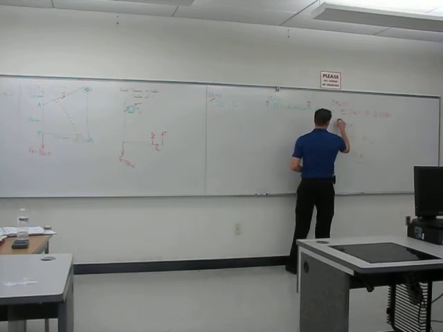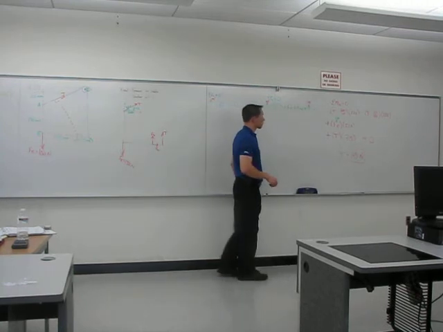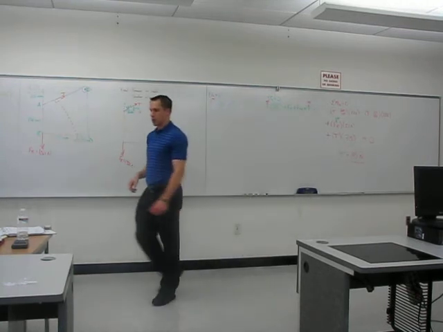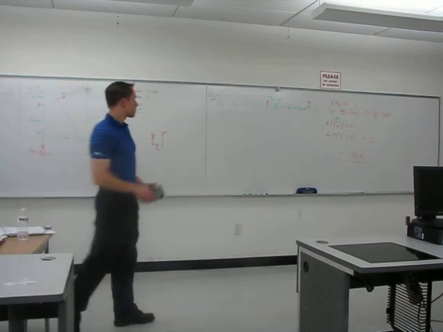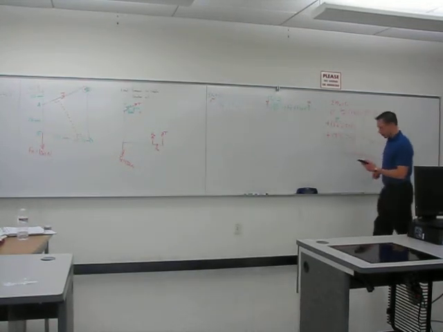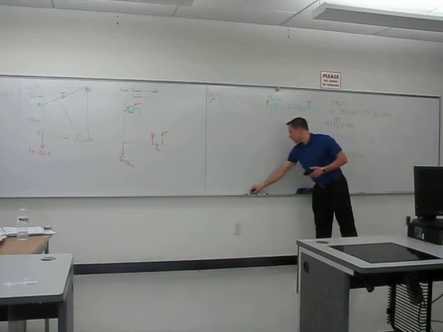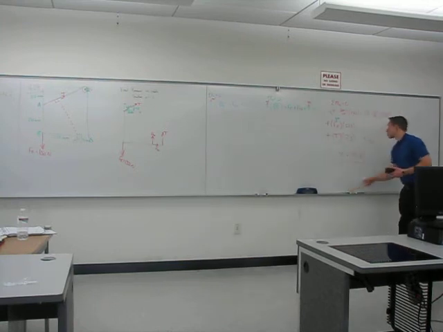So remember, this one is 150 right here. So let's see. If we take 300 over 325 times 175, that's 161.5. So what do we end up with here?